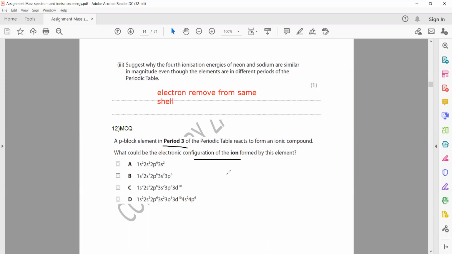So when we check which of them is completing the octet, A is not completing the octet. A is still in the third shell, the third period, because they mention a p block element. How will it be a p block element belonging to period 3?